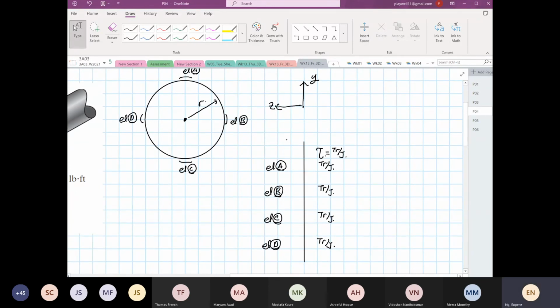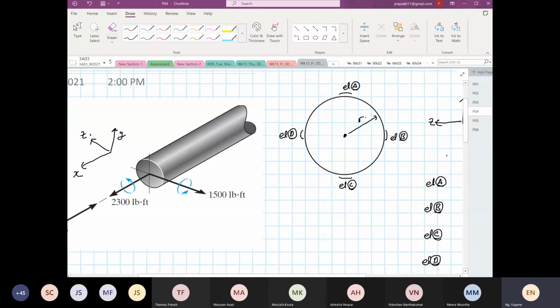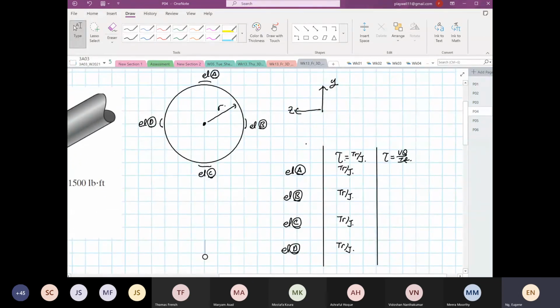Now, I know some students, probably Mariam, will say, Eugene, I want to put in a shear force. Then Mariam will say, Eugene, I want you to include this: tau is equal to VQ over IT. Yes or no? So what if now we have an extra V coming down? That's where you see it is easy peasy, right or not?